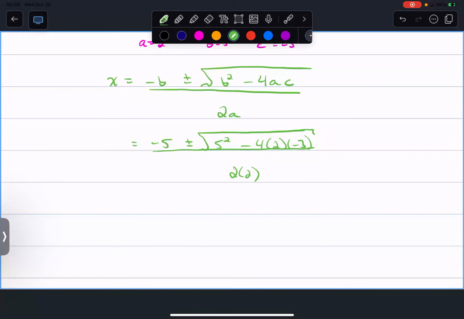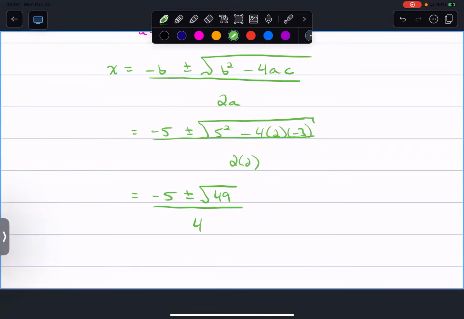Five squared is 25. And then I have minus bracket 4 times 2 times -3. I get the square root of 49, which is not negative, so that's good.